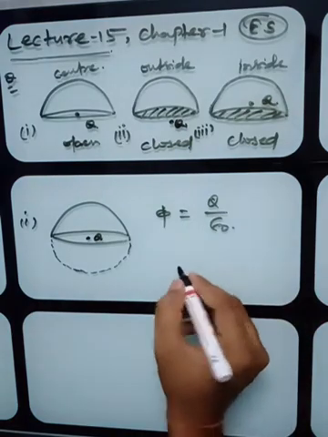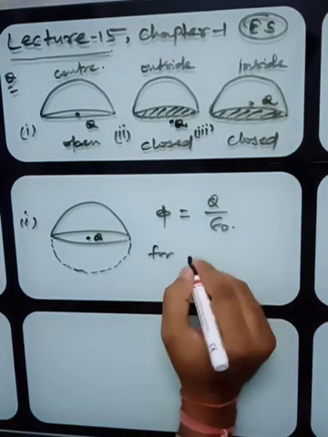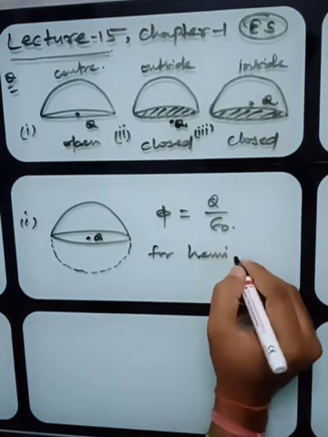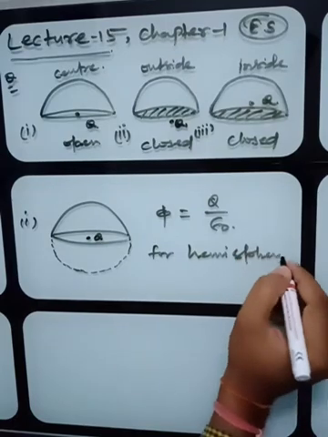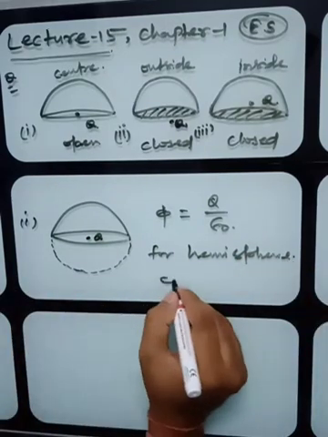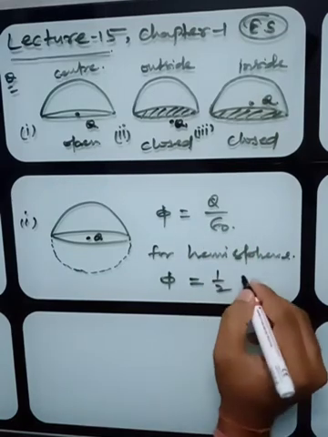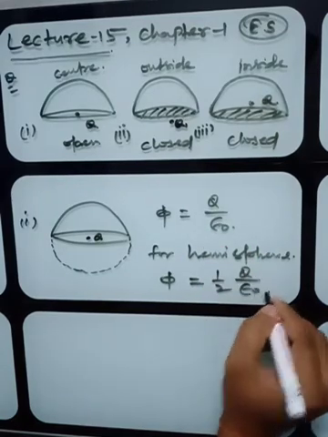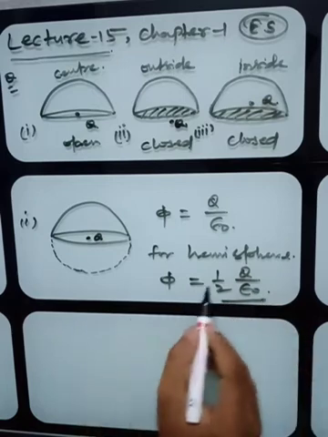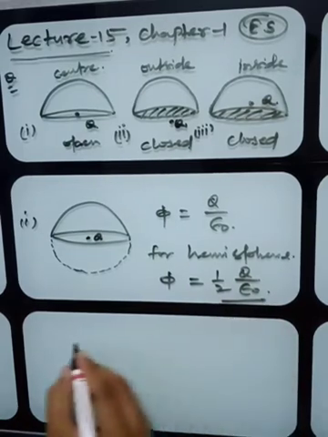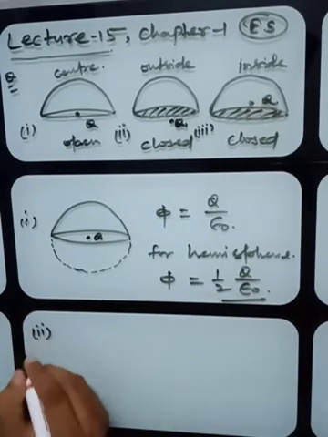So for the hemisphere you will have the flux just half of the total. The total is Q by epsilon naught, so the answer will be half of Q by epsilon naught. Now the second one.